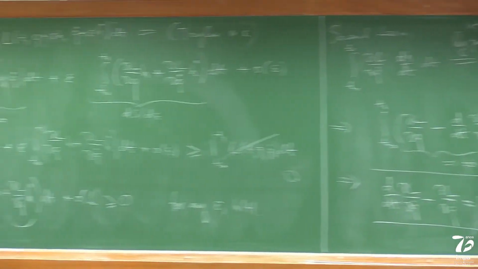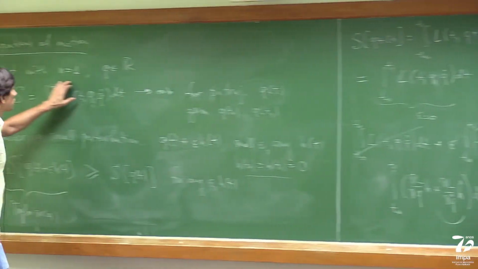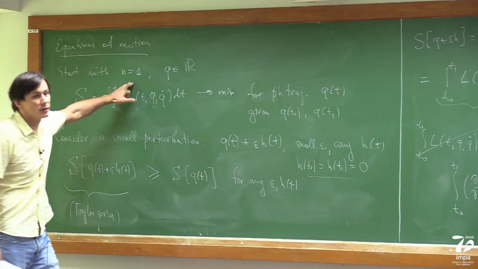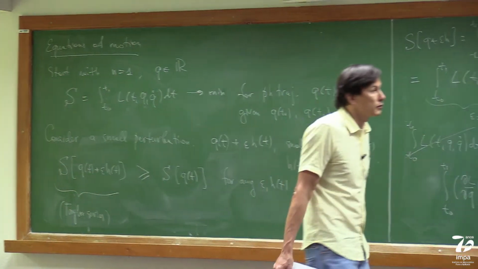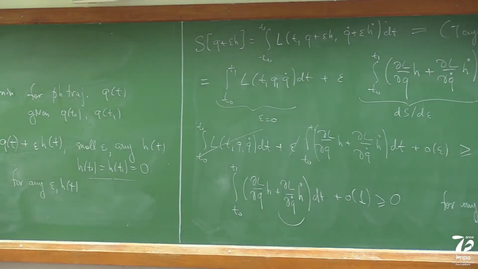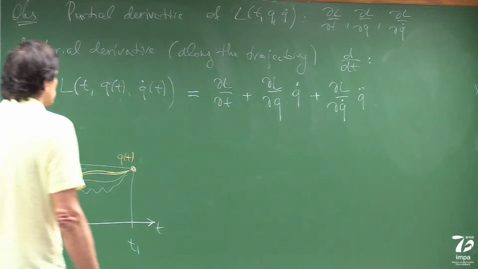Of course n equal 1 is an interesting case, but we have general n. So what equation of motion do you get for arbitrary n, which means an arbitrary number of particles?